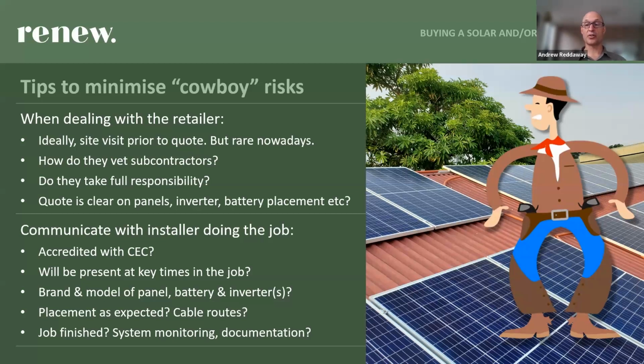There's a bunch of documentation that you should get. They should be showing you how to check that the system's working. Like any solar system that you get, there should be a way to do that. There's different levels of monitoring you can get to, understand what it's doing at any point in time. But yeah, there should be that handover process.